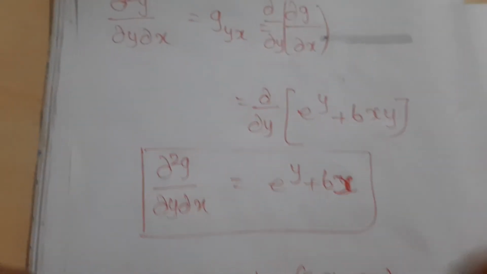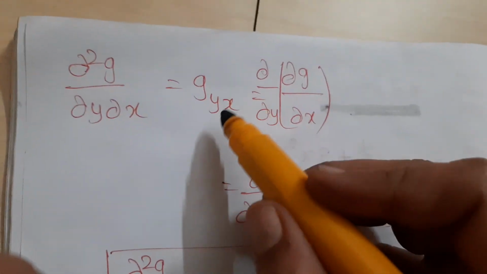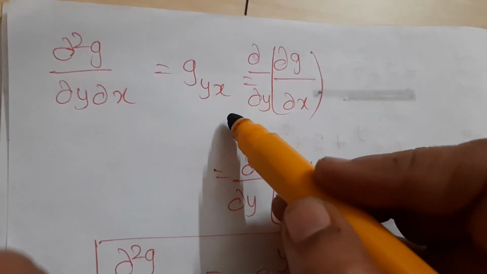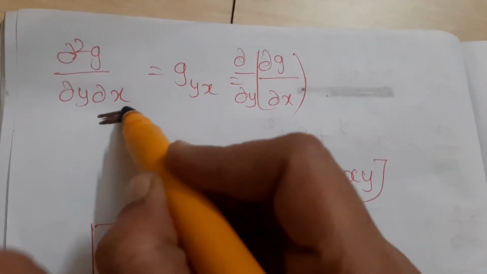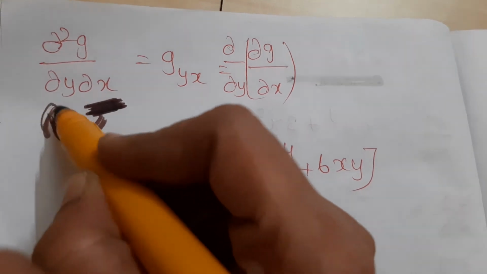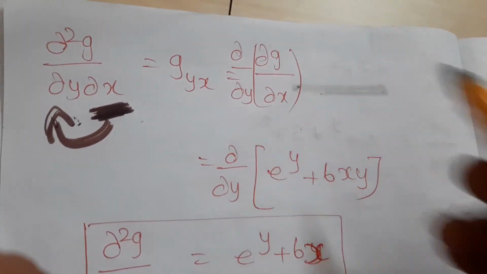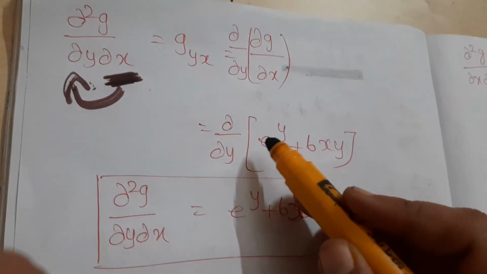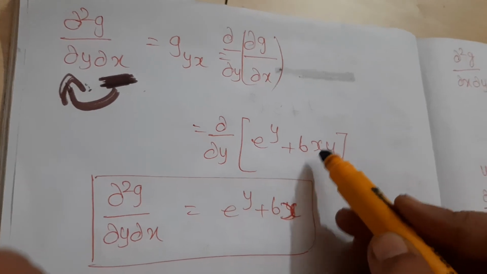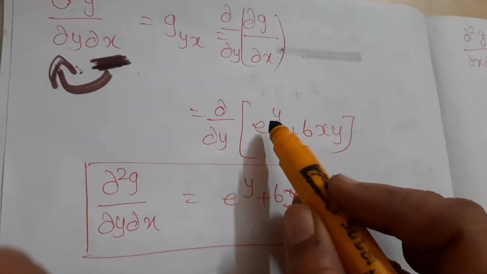I must find dou square g by dou y dou x. So this is nothing but g of yx. As I said already, this inner term must be differentiated with respect to the outer term. Therefore dou by dou y of dou g by dou x, whose answer is e power y plus 6xy. We are going to differentiate with respect to y.